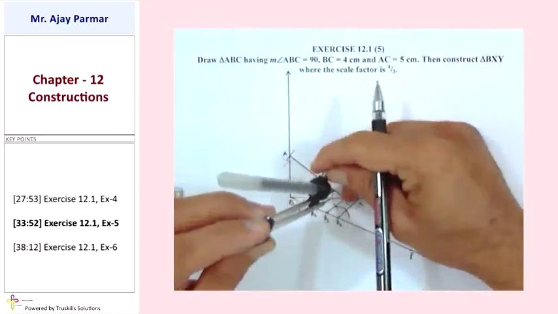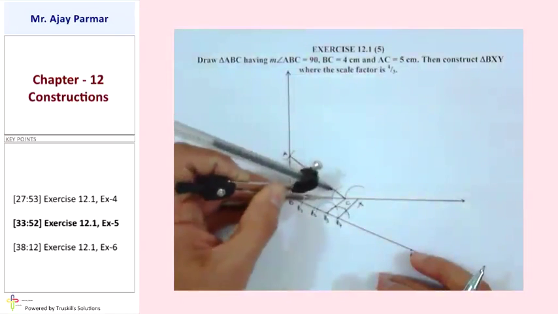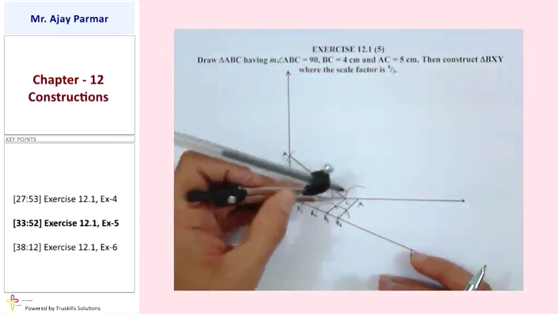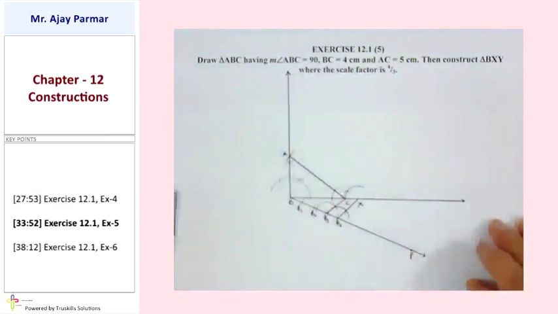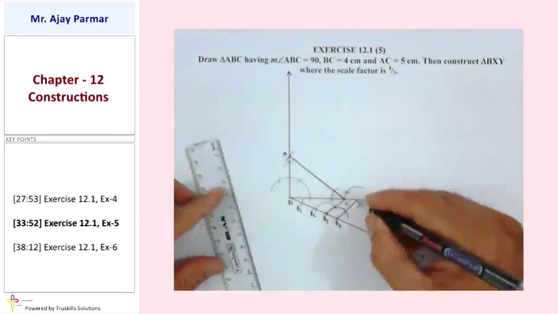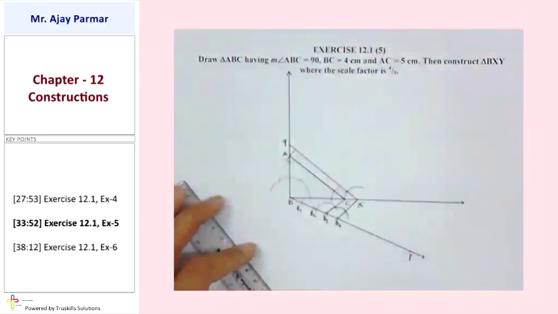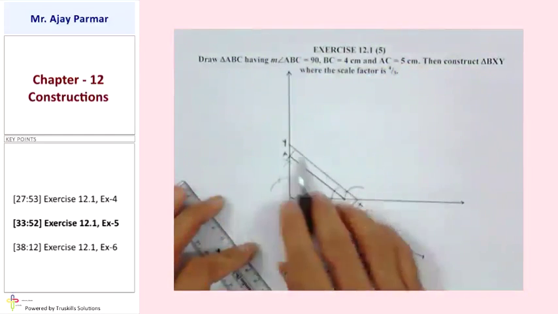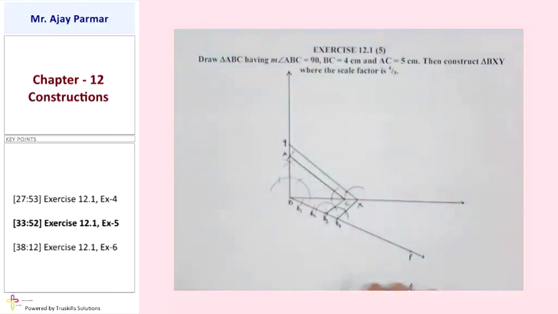It's a small radius, but this particular radius, and draw an arc over here. And that is going to give us line segment XY. So over here you can see that BXY is the required new triangle.